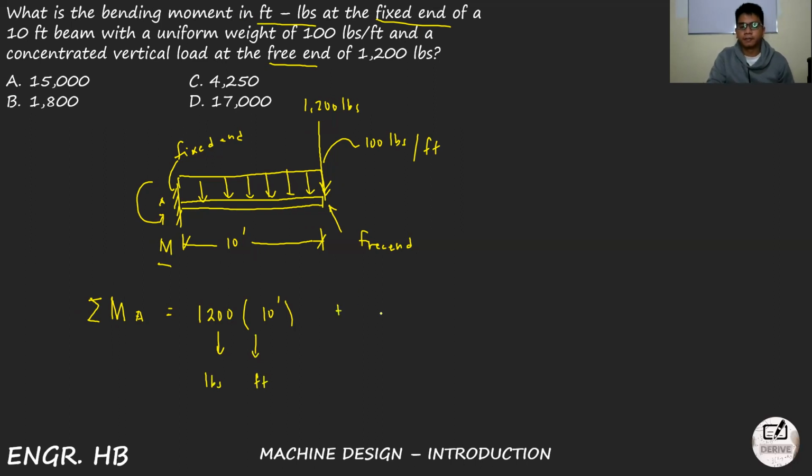Plus, we don't only have a concentrated load, we also have a uniform weight of 100 pounds per foot. In order for the feet to cancel, you need its center going to the free end. Since this is rectangular, the center of the uniform weight load is at the middle of the beam, which is 5 feet from point A.